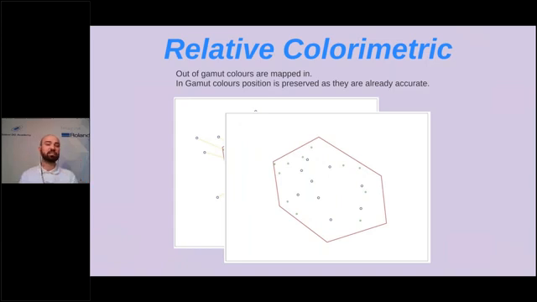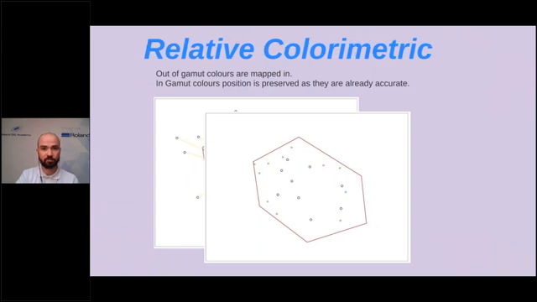This means that more of the colors that were already in that gamut are accurate. They stay where they are, and then we just bring in the ones that were outside. So we have more accuracy from the original colors, but the relationships are not as photographic as they were in the previous option.